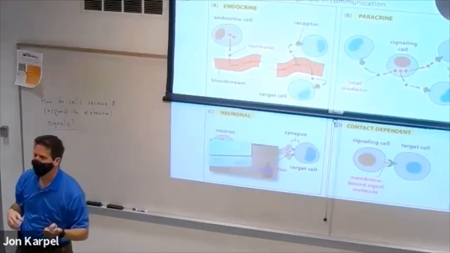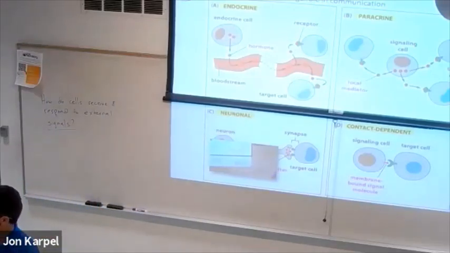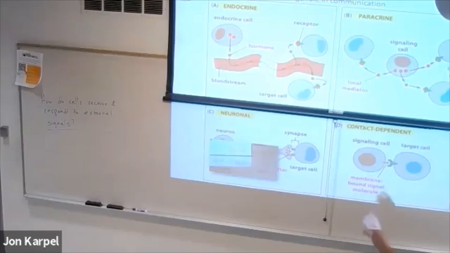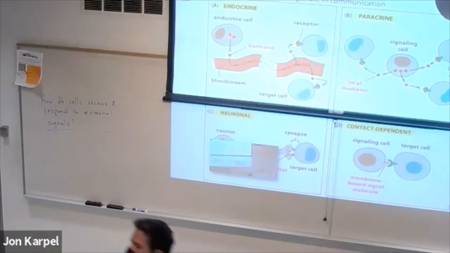Why is that convenient? Yeah, it goes throughout the entire body. So you're basically flooding the entire body with this message, whatever it is. And they tend to be longer lived, so they stay stable in the bloodstream for longer periods of time.